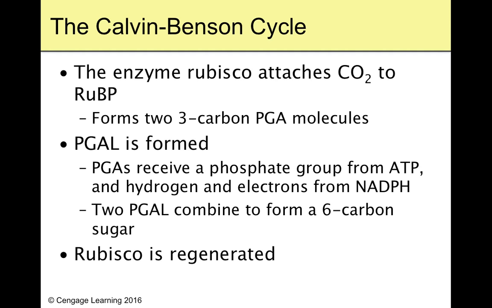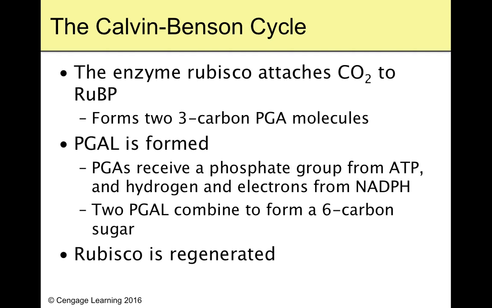The enzyme Rubisco attaches carbon dioxide to RuBP, and when it does that, it forms these 3-carbon molecules we call PGA. And so PGAs become phosphorylated from ATP, and they also get hydrogen and electrons, some more energy, from NADPH. So there's both of our products from the light dependent reactions being used right away in the second step of the Calvin-Benson cycle.